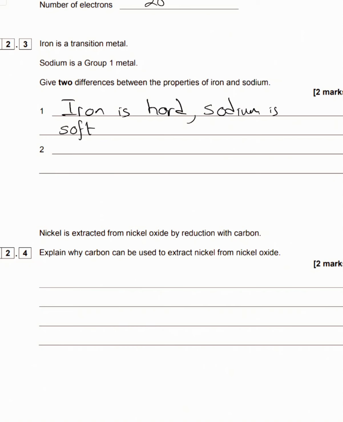You could have also had iron is more dense and sodium is less dense. Iron is less malleable. Okay. Sodium is more malleable. Iron is less reactive. Sodium is more reactive. There's another one. I'm going to go for iron forms coloured salts.